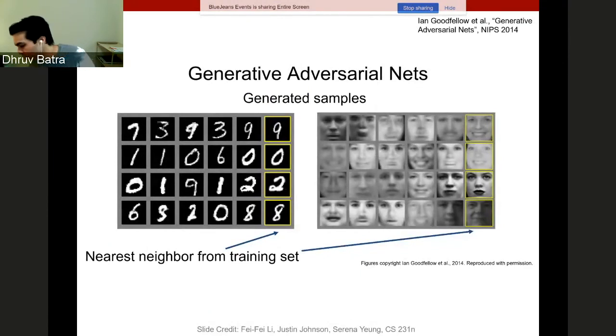And I just want to mention that GANs have gotten really good. These are results from 2014 for generation of images in MNIST, and I forget what data set this is, perhaps the CMU Pie data set.